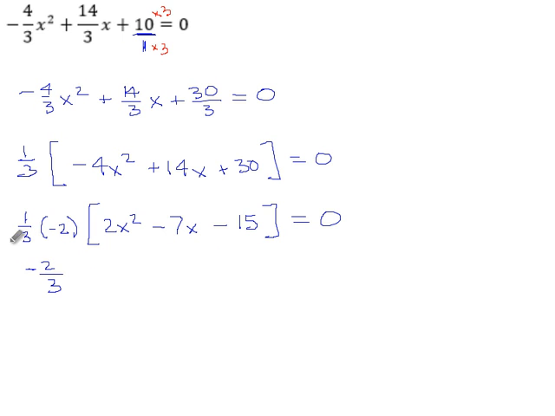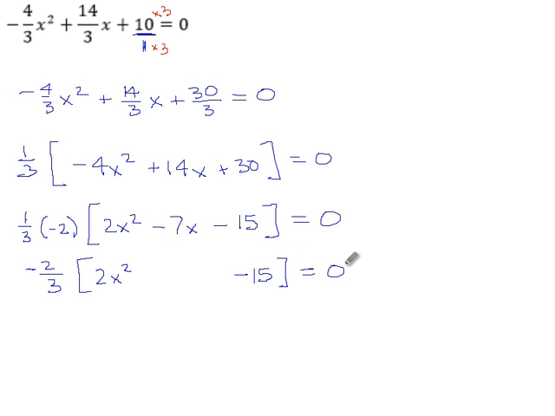Now, this quadratic, can we simplify that at all? If you use some kind of guess and check method, then go ahead and have at it. I'm going to use decomposition here, which means I'm going to leave the 2x squared alone, and I'm going to leave the 15 alone, -15.